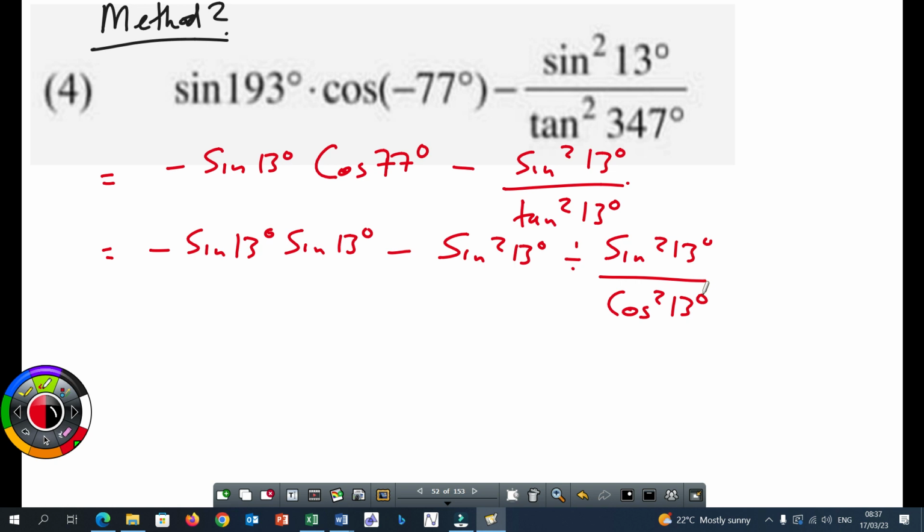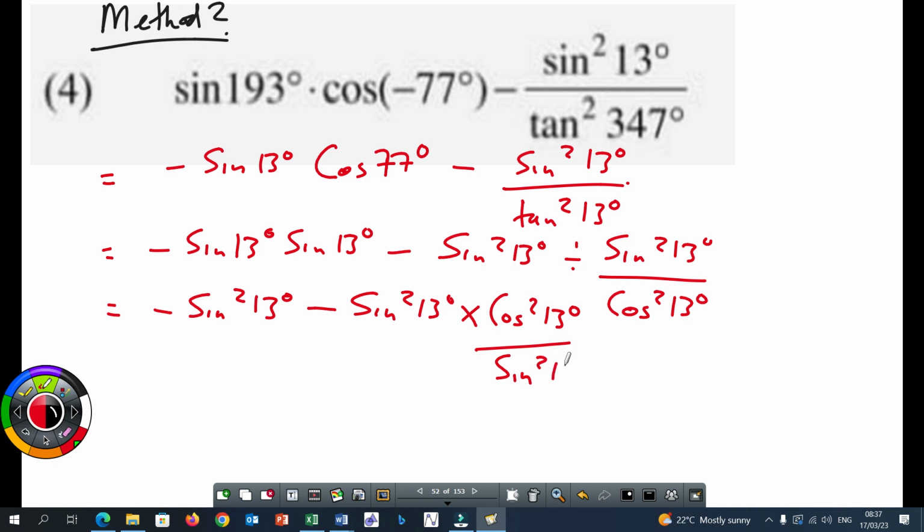Okay, then these two will give me minus sine squared 13 degrees. Then here I'll say minus sine squared of 13 degrees times cos squared of 13 degrees divided by sine squared of 13 degrees.